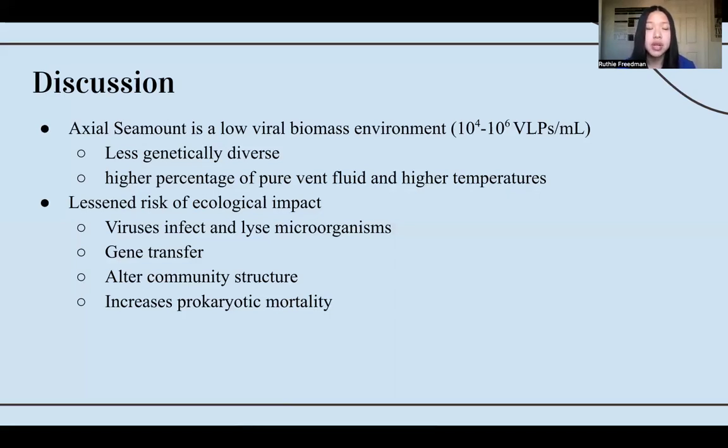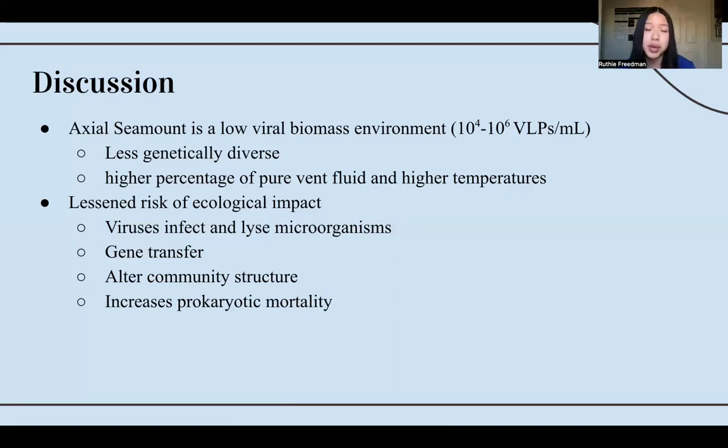So overall, higher abundances of viruses, typically in marine environments, have larger ecological impacts. The more viruses, the more they can infect and lyse microorganisms, which then put organic matter back into the environment, increasing carbon levels.